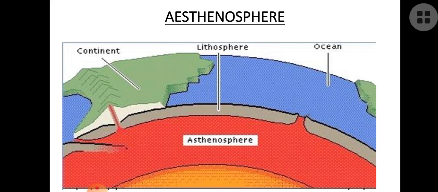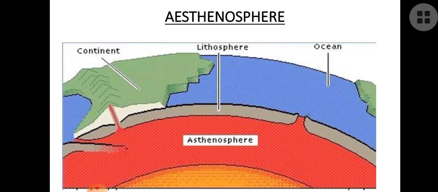We already studied about the mantle, isn't it? The mantle is in a molten stage. Because of the extreme heat of the core, which is at the center of our earth, the rocks inside the mantle are in a molten, liquid state.